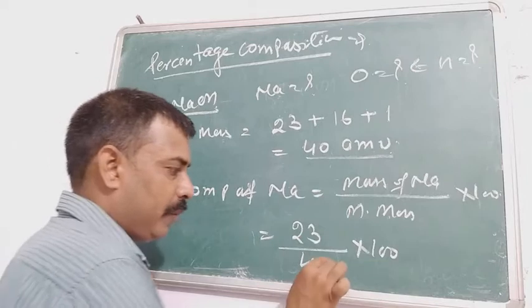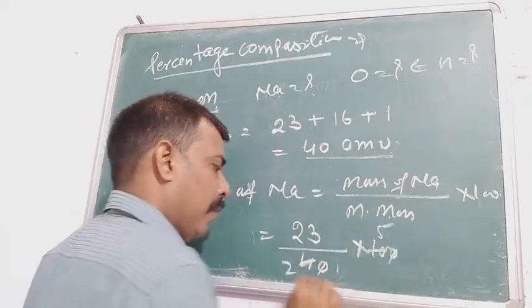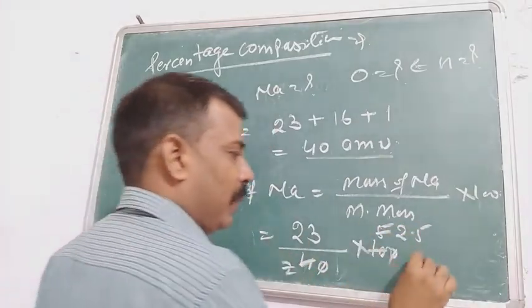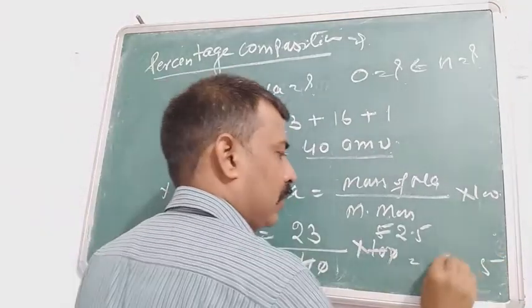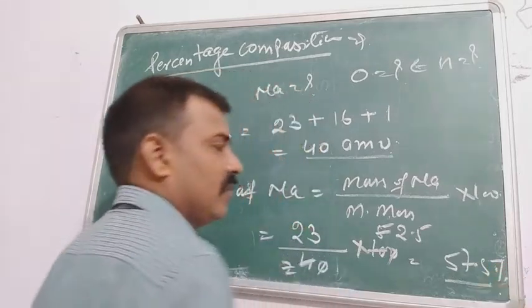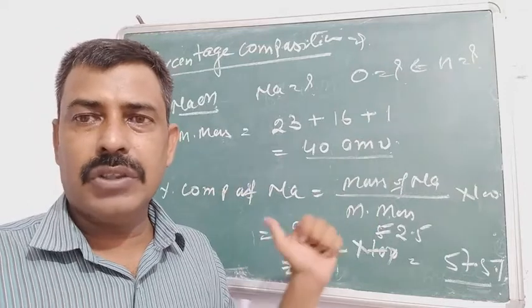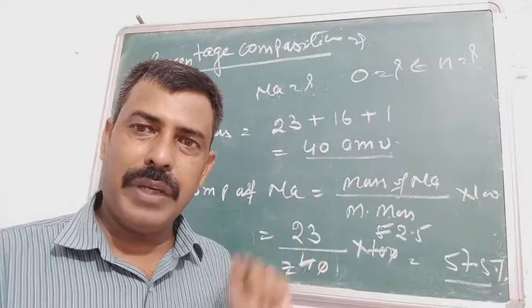Now you can solve it. 2 into 2.5 when you multiply, it will be 57.5%. I think similarly you can calculate the percentage of oxygen and hydrogen. I am not calculating the percentage composition of the remaining elements.